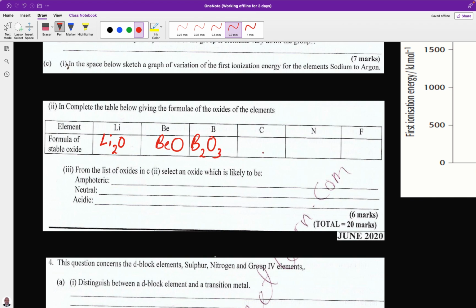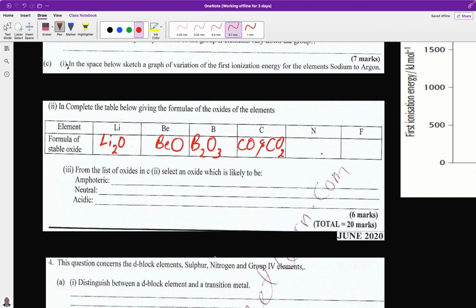For carbon, we will have 2 stable oxides, carbon monoxide and carbon dioxide.